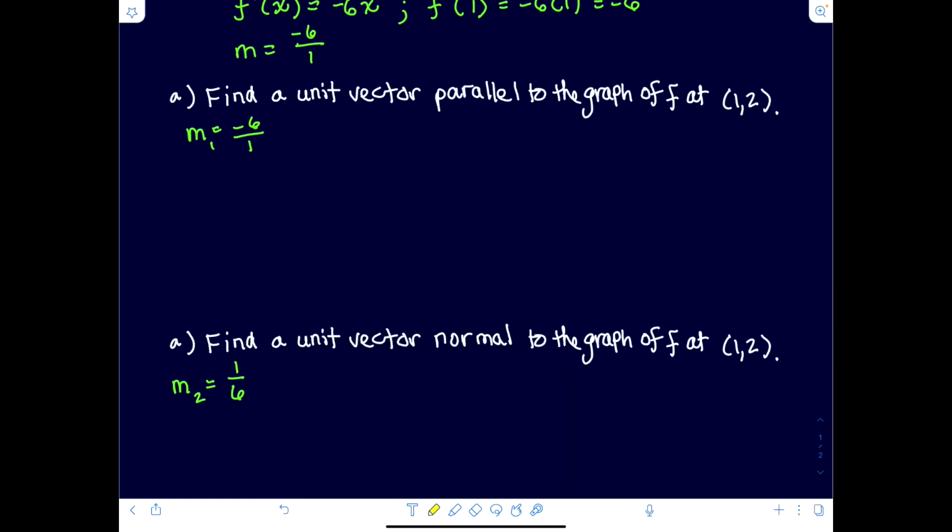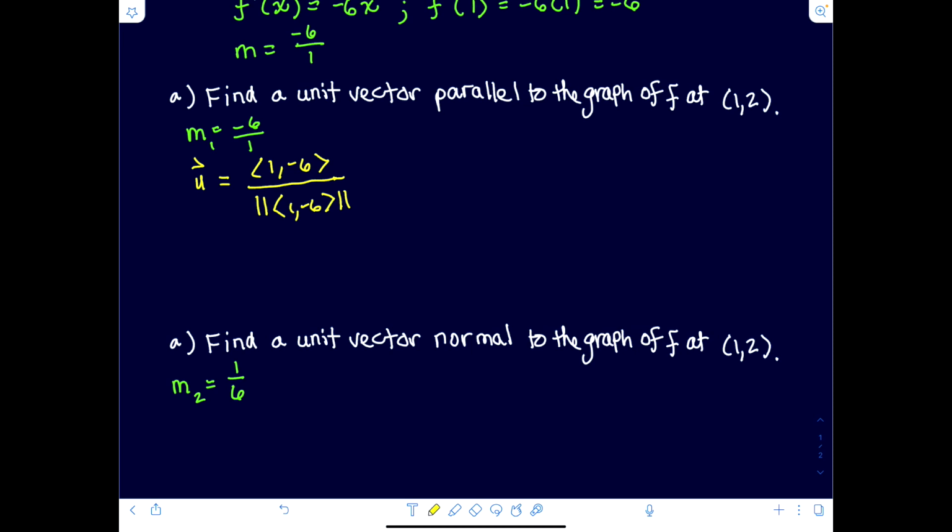So I have this vector that I need to find, and it's one of those so easy it's hard kind of things. We're going to let our vector, let's call it vector u, be equal to the vector (1, negative 6) over the magnitude of (1, negative 6), because we want it to be a unit vector in the same direction.